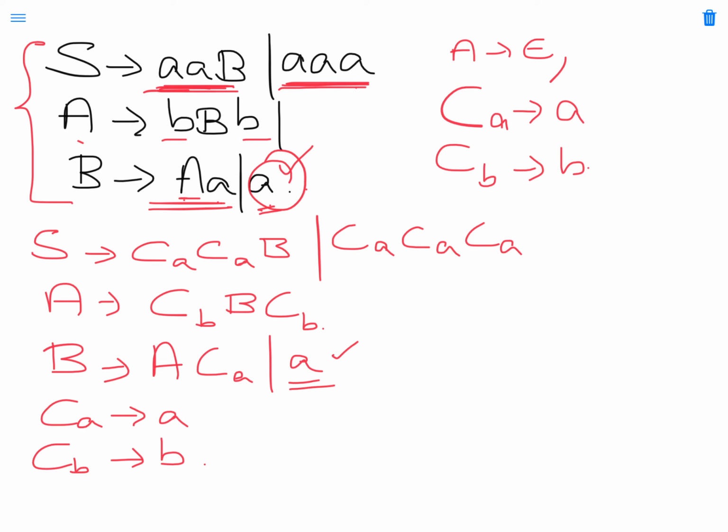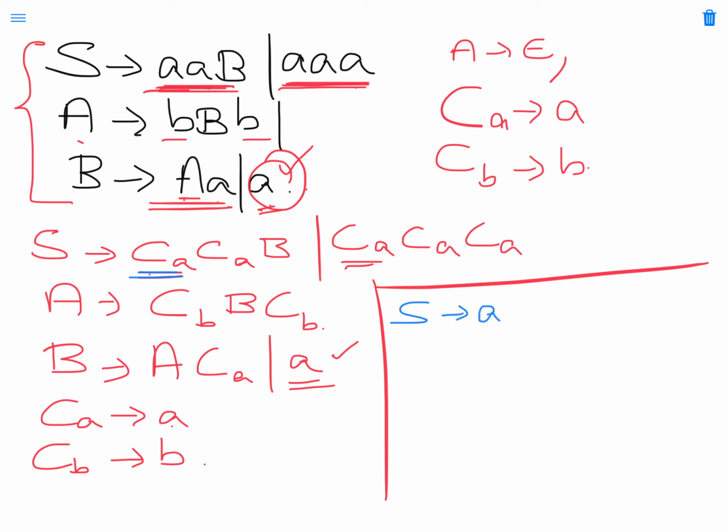Now you can just rewrite the production. If there is a CA in the starting, you can just replace the CA with A. So this set of productions can be written as S gives, here CA is there, isn't it? So write it like A, substituting this A in place of CA. A, CA, B, again A, CA, CA. A gives B, CB, B, CB.